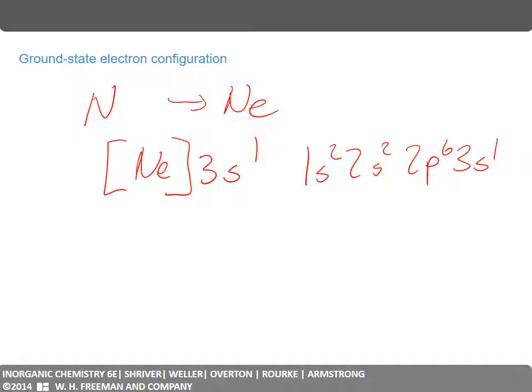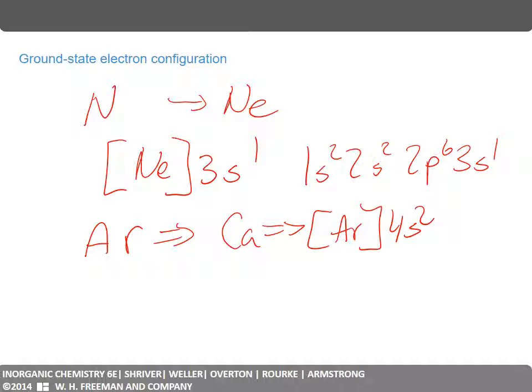Now, the next one after neon would be argon, right? And so if we want to write calcium, for example, instead of writing the whole thing out, it would be a core argon, and then 4s2, and so on and so forth. And we use, of course, the inert gases because they have a complete closed shell.